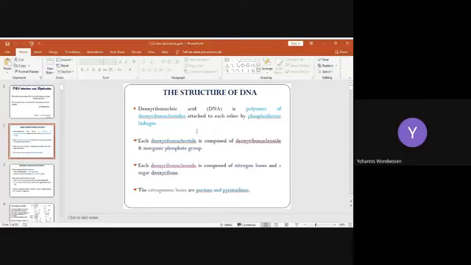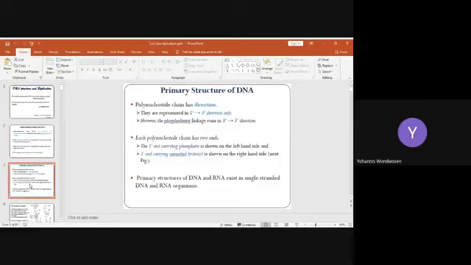Each deoxyribonucleotide is also composed of a nitrogen base, as we have seen yesterday, and the deoxyribose sugar. The nitrogenous base might be a purine, or it might be a pyrimidine.